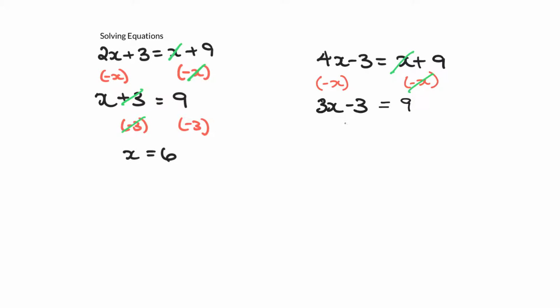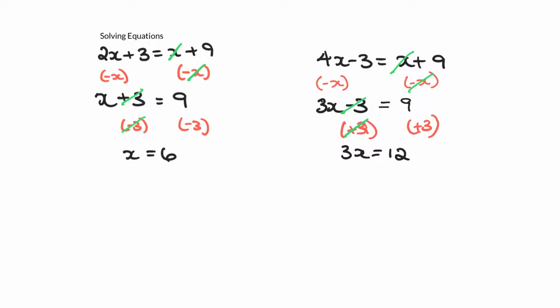I'll then move to do the opposite of minus 3, which is going to be add 3. Do that to both sides. So the minus 3 and the add 3, I don't know why I wrote 9 there. That should have been a 3. Those will cancel, leaving me with 3x equal to, well, 9 plus 3, that gets us 12.